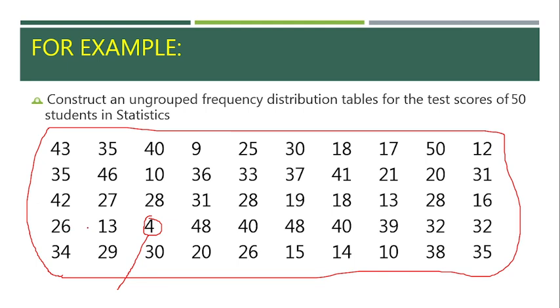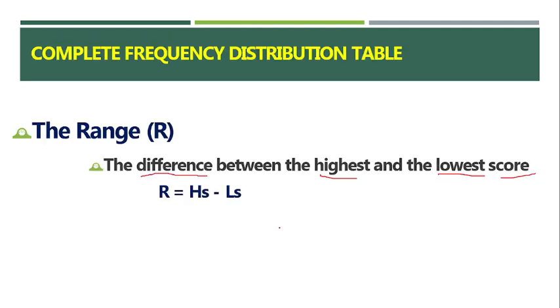And if you will be asked what your highest score is, what do you think? Your highest score would be 50. Are there any values higher than 50? None. So therefore, the highest score that you have is 50 and your lowest score is 4.